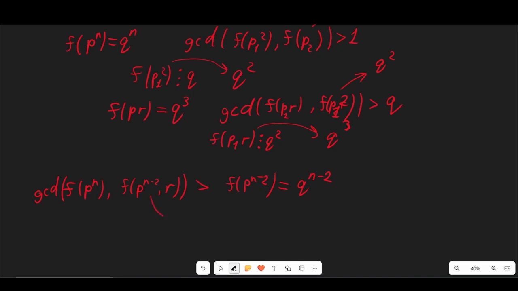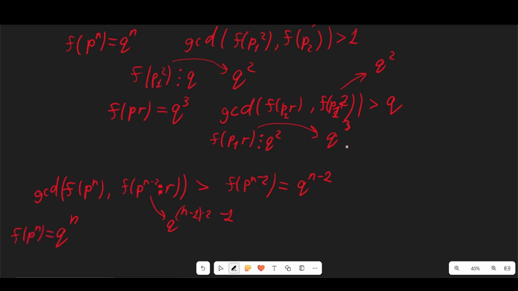So clearly we know that this number is q to the n minus 1, because of induction. And f of p to the n must also be a multiple of q. And this number must have exactly n divisors. So this is also q to the n. So we have proved that f of p to the n is q to the n.